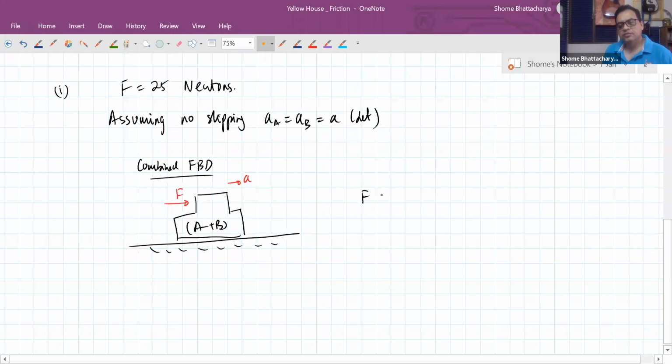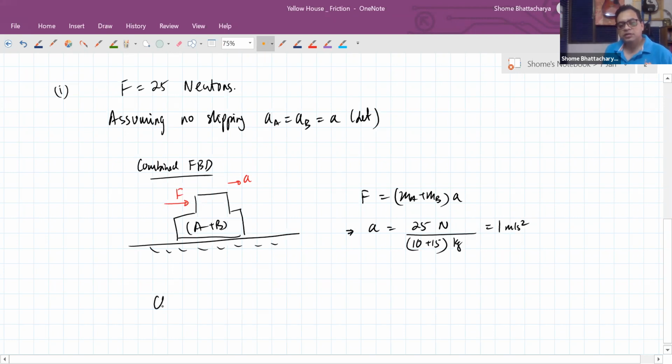So we should have F equal to the total mass into a. Our acceleration will come out to be the force of 25 newtons divided by the combined mass of 10 plus 15 kg. So it will come out to be 1 meter per second square.